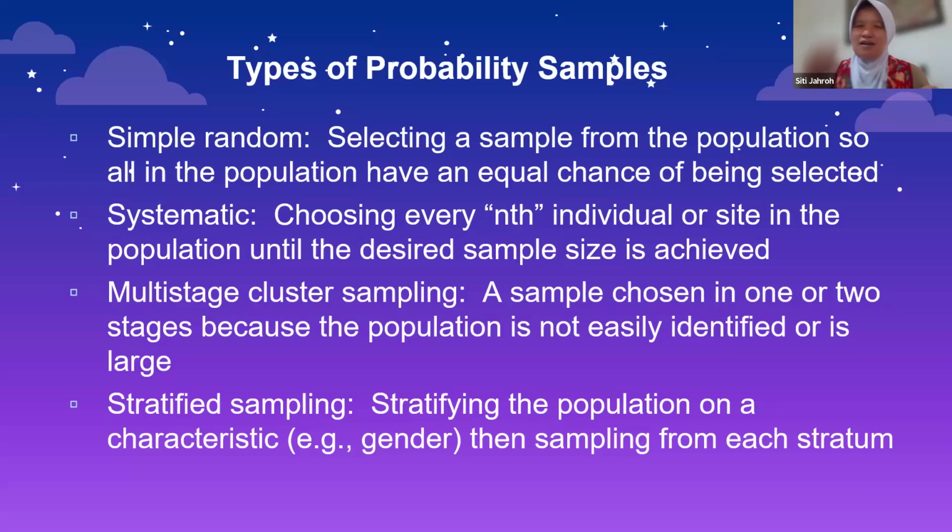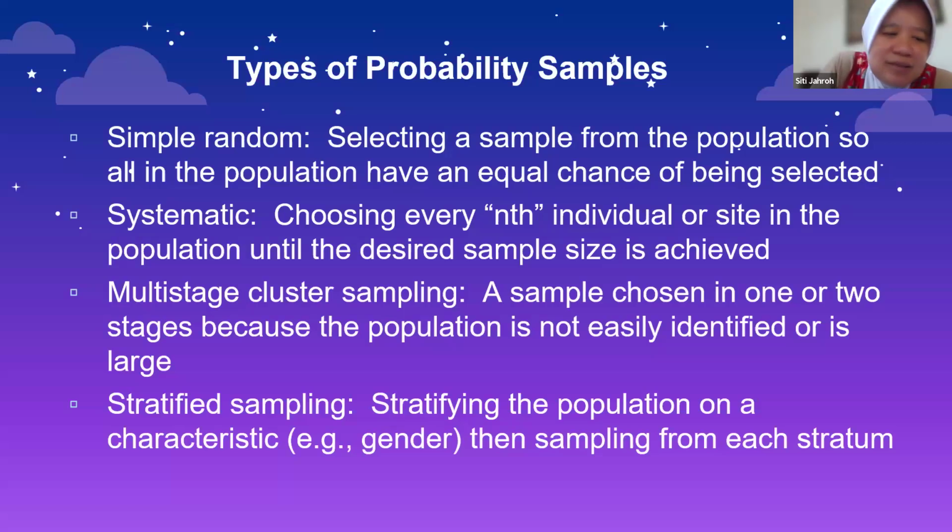So the names of the population, you put them together and shake, then you pick one. Among that population, every name has the same probability of being selected. That's simple random sampling: equal probability among the population.